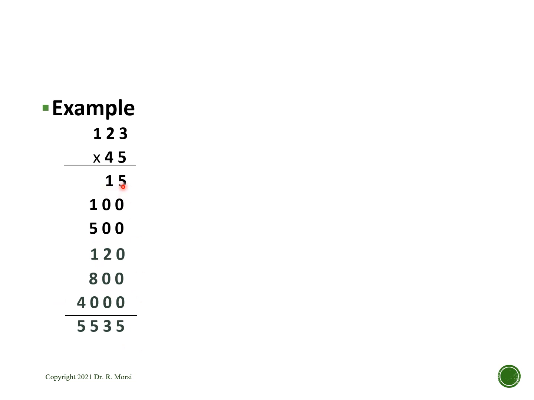So when we look at the 5 here, 5 times 3 is 15. So that's what we put down here. And then the next number should be 5 times 2, but it's really 5 times 20 because it goes in one digit.